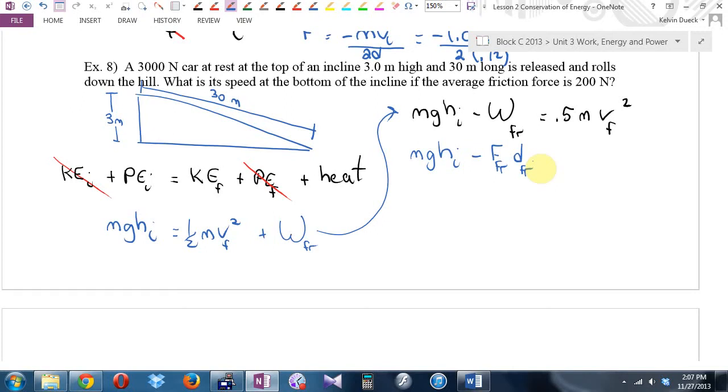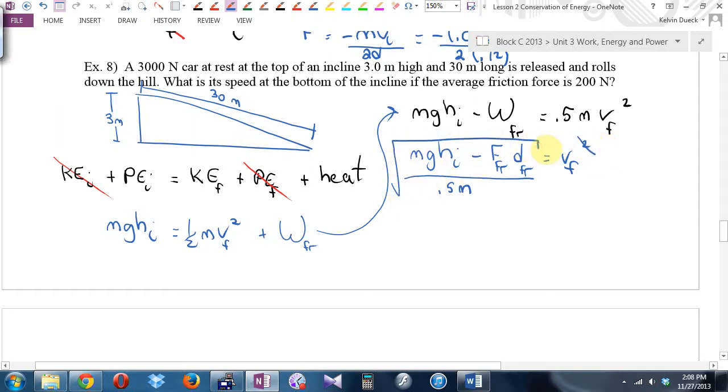Yeah, the 30, right? Because it's slowing it down in that direction. Equals, you know what? Let's divide by a half m, and that'll give us VF squared. Oh, and how will I get rid of a squared? Cross that out.